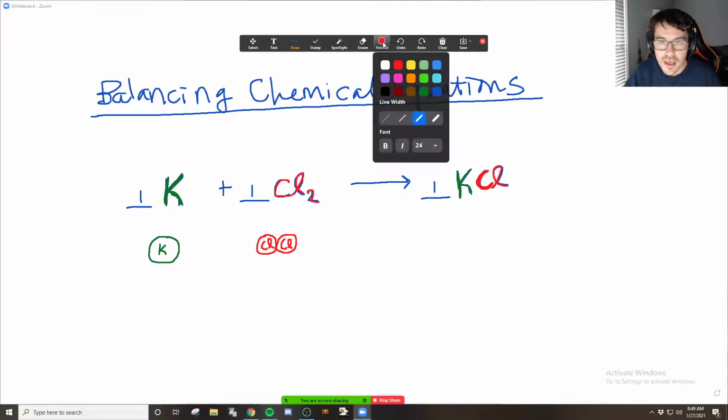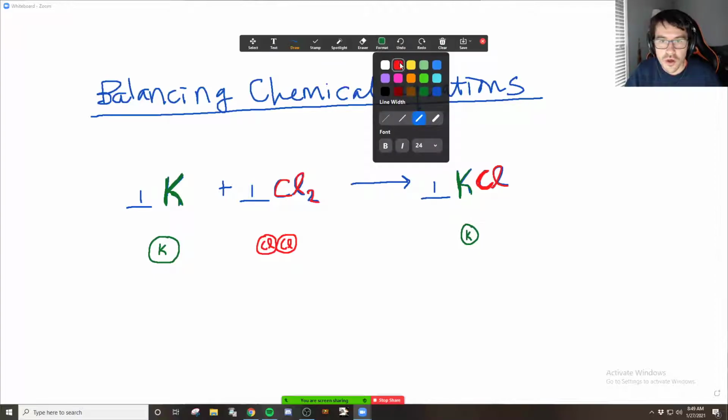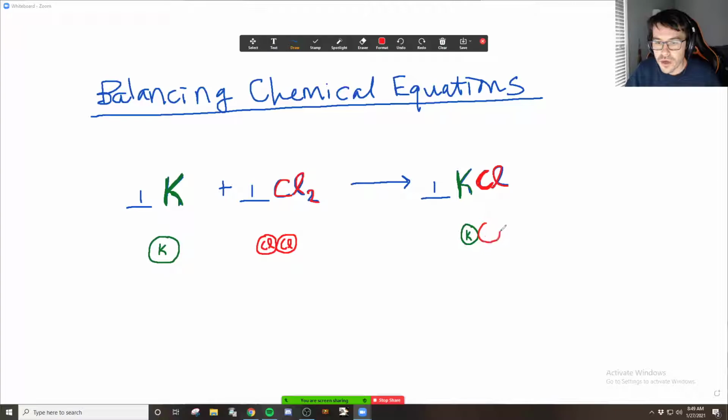All right, and then over here on the right side, I've got my potassium chloride. This would be an ionic compound. Okay, but we don't really need to worry too much about those details. All I need to do is just draw it. Okay, 1 potassium with 1 chlorine. Technically here the potassium would have a positive charge, chlorine would have a negative charge, but like I said, that part doesn't really matter to us for this specific skill. Okay, all we're really concerned with is the number of these different things.